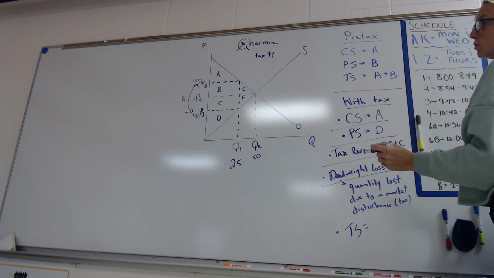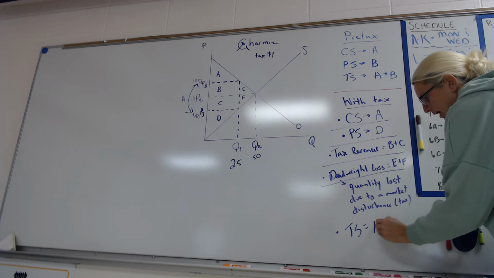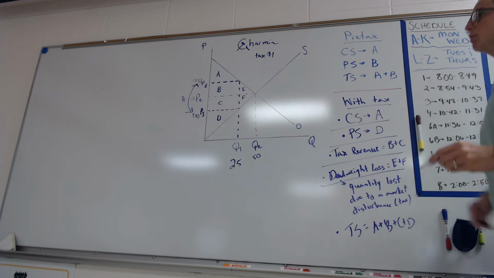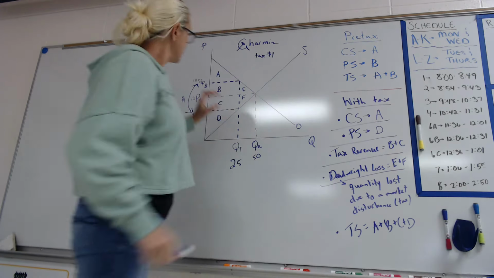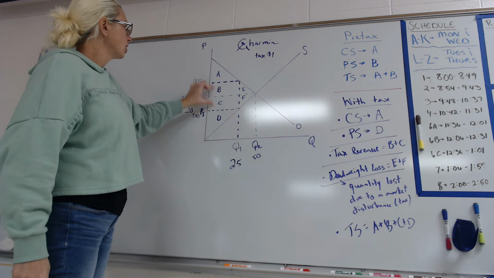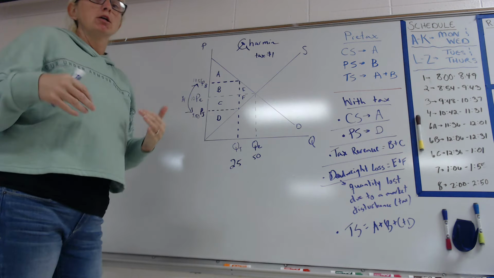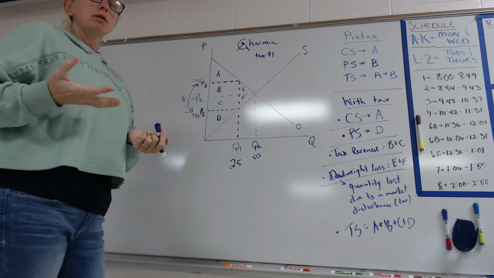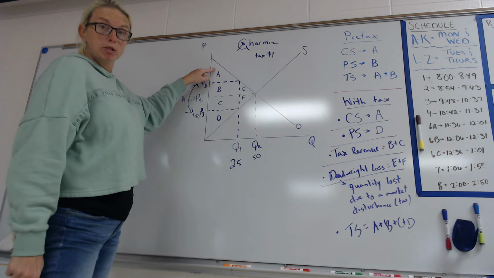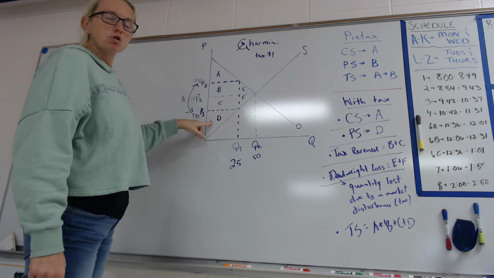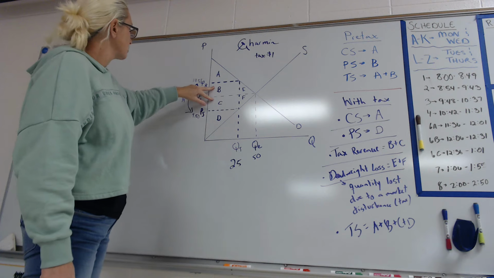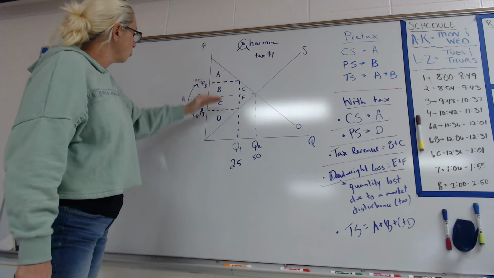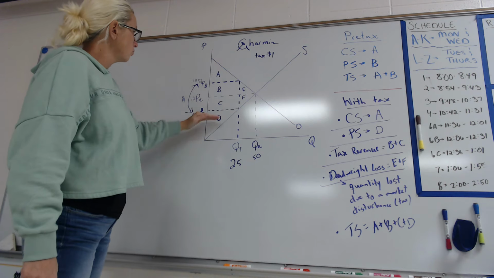So the total surplus is going to be A plus B plus C plus D. Because I know that this is tax revenue, but the government is getting good out of it. So remember, total surplus is like measuring our economic well-being. Well, in this case, this is measuring consumers' economic well-being. This is measuring producers' economic well-being, and the tax revenue is representing the government's economic well-being. So it's all of these together that is total surplus.